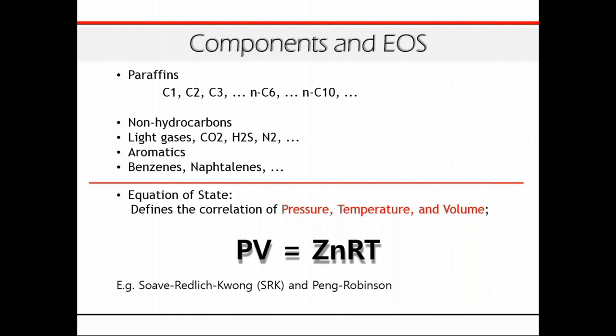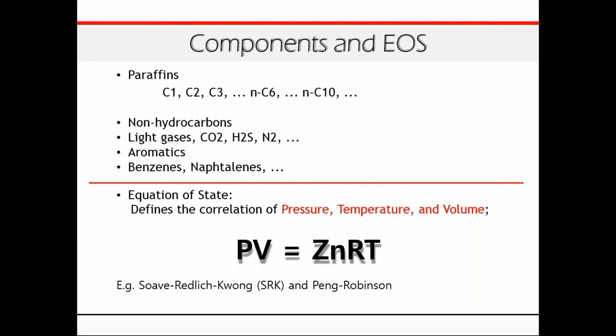Once the carbon arrangement changes, for instance, 2-methyl pentane is an isomer of hexane.